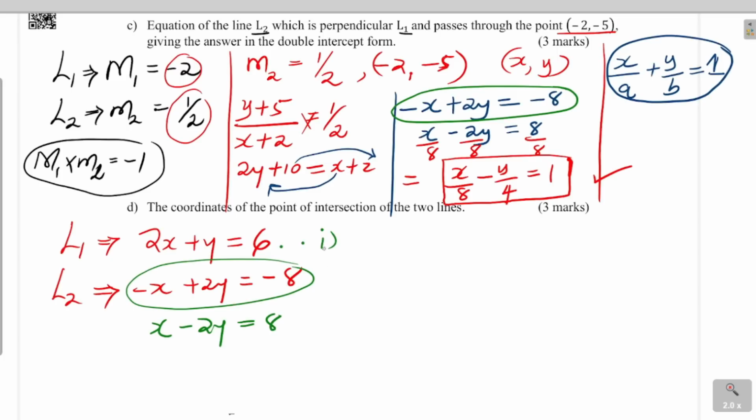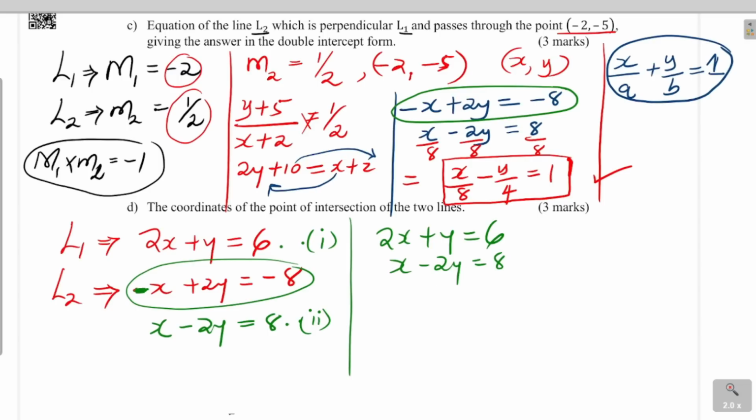So this is equation 1, this one is equation 2. I've just multiplied each term by negative in order to get rid of this negative. So you're going to solve these two simultaneously. Now you have 2x plus y is equals to 6 and x minus 2y is equals to 8.